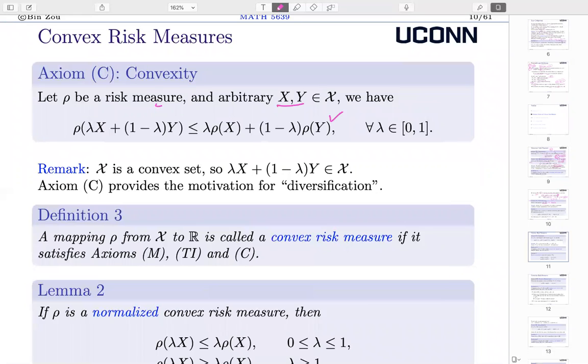By the way, this is how we define a convex function. The risk of the aggregate is less than the aggregate of the risks. That's the mathematical interpretation, but we do have the financial meaning, which is called diversification. Let's say you have a risk.